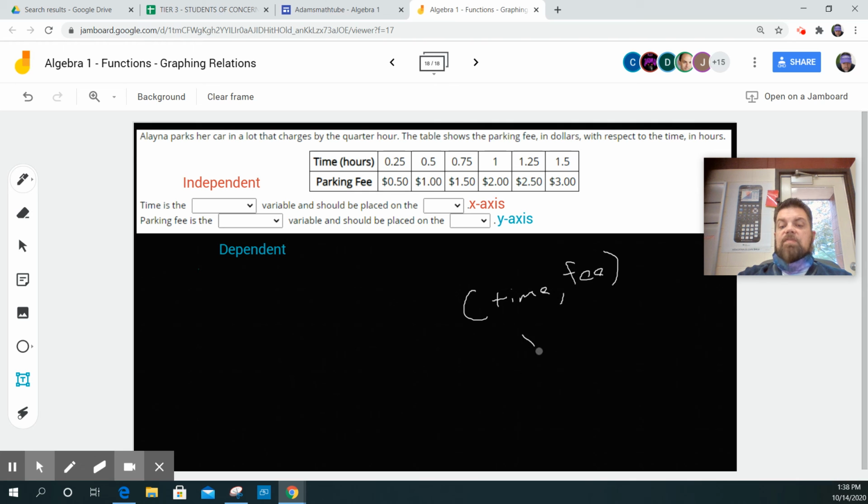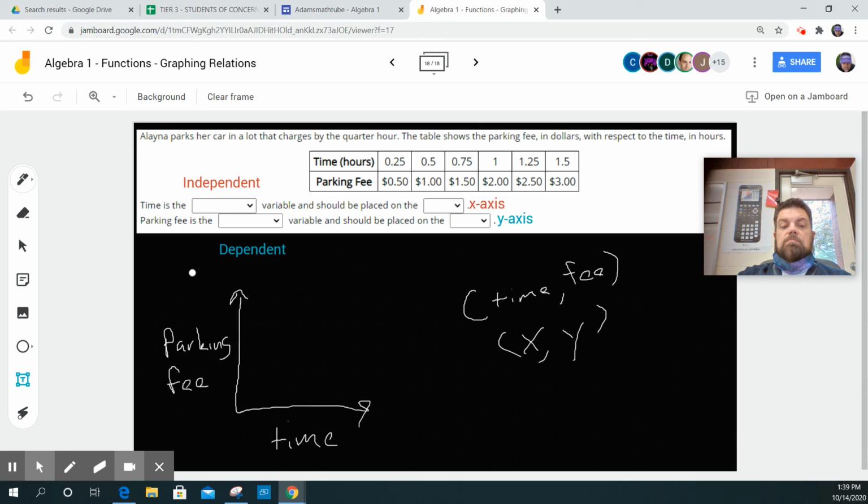So when I go to graph that on my xy plane, the x coordinate will always be time, and then my y coordinate will be the parking fee. So this is y, and this is the x-axis. Does that make sense?